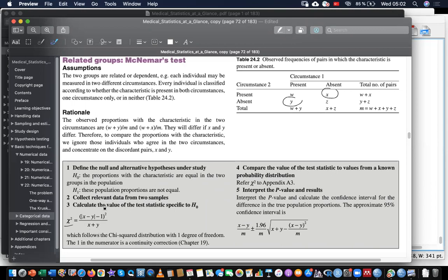So very simple formula. You don't need to remember the formula, but I want you to understand how simple the logic behind McNemar's test is. You take the difference between these two and divide it by the sum of these two cells.